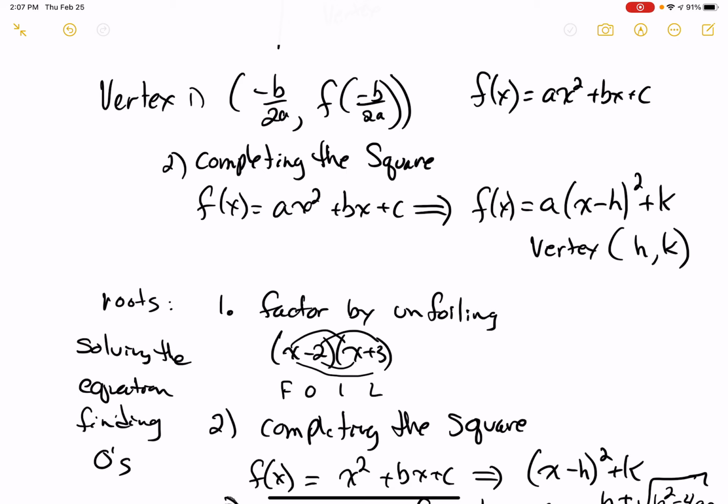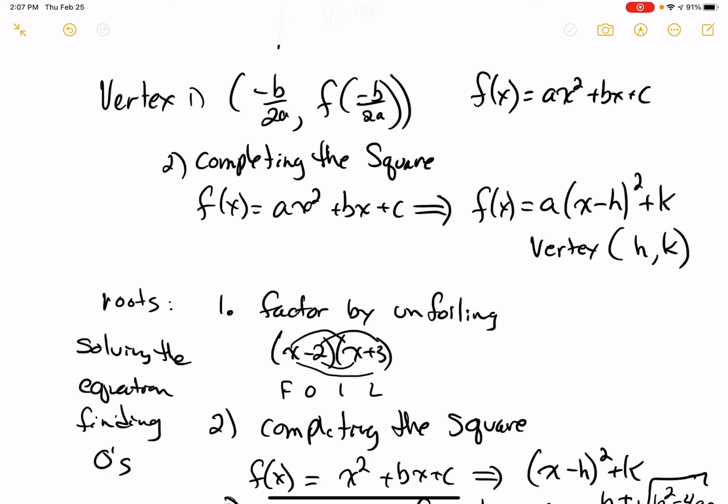So all I have to do is find out the value for b and a, which will be given to us in the equation, put them into here, and we get the x value for our vertex. To find the corresponding y value, we plug that value into the function, calculate it out, and then that's going to be our output value. So finding the vertex this way is pretty straightforward.